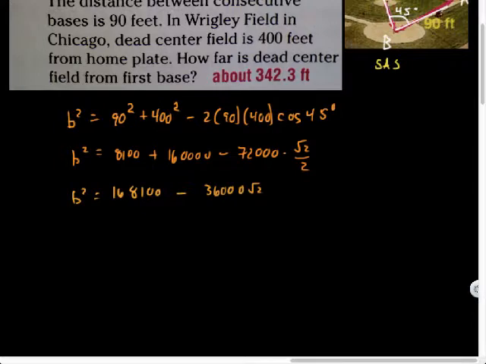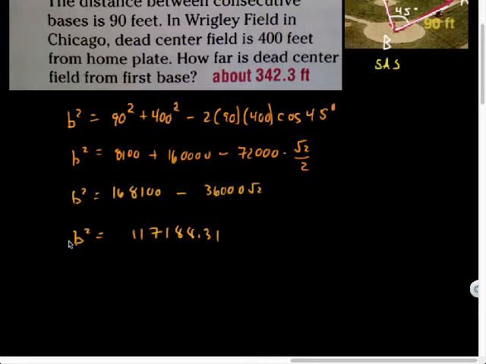I'm getting no feedback here. You guys are making me nervous. Let's see. b squared equals 168,100 minus 36,000 times the square root of 2. I can't subtract those numbers before I multiply, is my point. Let's go to the decimal place now. That is equal to roughly 117,188.31.